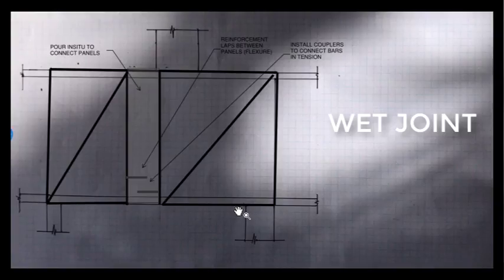For a wet joint, we have the two panels broken up, and then we have the bars lapping here if the bars are in flexure, or if they're in tension, you might have mechanical couplers. And then we simply pour this part in situ concrete here. After that, we can assume a full connection with a wet joint.